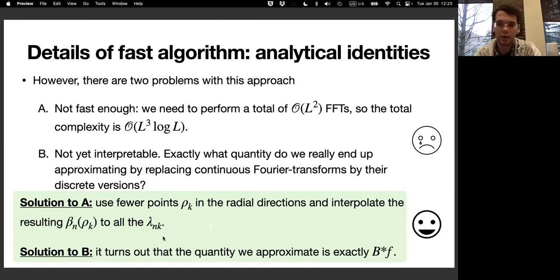It turns out that the quantity that we get with these discrete operations is actually exactly B star F. So we're going to keep talking about this for a little bit, but I do want to say that this algorithm will approximate B star F, and then if we want B, we're just going to do the adjoint of all these operations, and we end up with an approximation to B as well. So that's no problem.